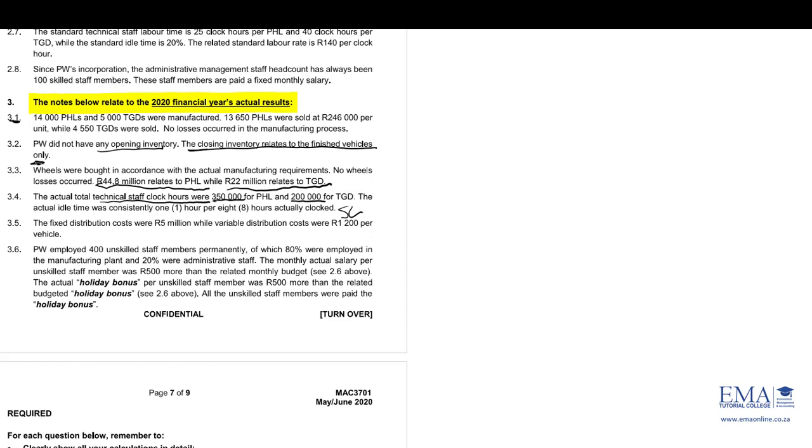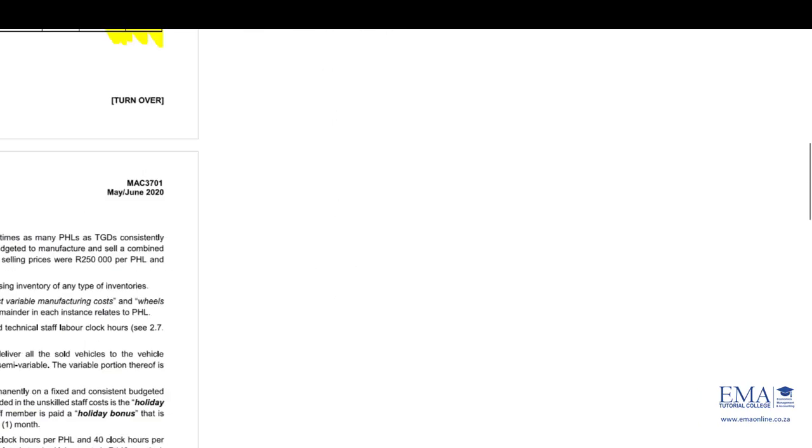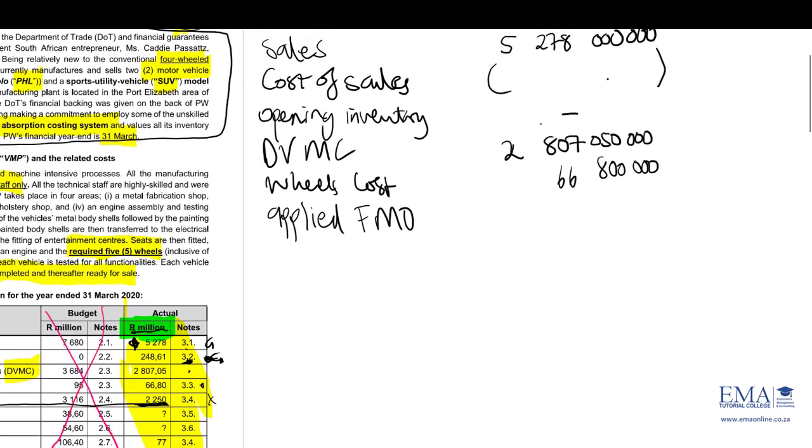But now they said we spent 350,000 hours for PHL and 200,000 hours for TGD. So it means in total we spend how many hours? 350,000 plus 200,000. So the applied here is going to be 350,000 hours plus 200,000 hours multiplied by the what?